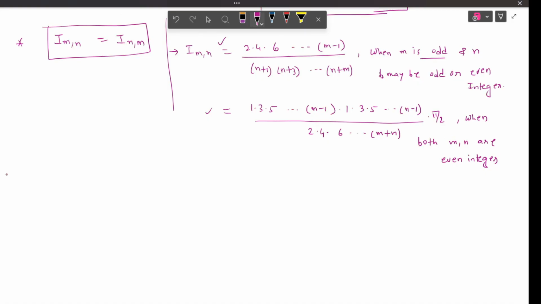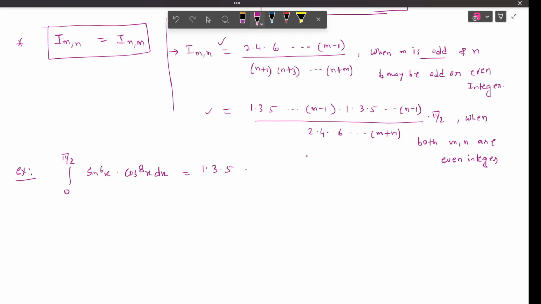So let us see some examples so that it will be clear. We have to evaluate integration 0 to pi by 2 sin to the power 6x cos to the power 8x dx. So both are even, right? M and n both are even. So we have to use this formula. That is 1, 3, 5 up to m minus 1. M is 6, 6 minus 1, 5.